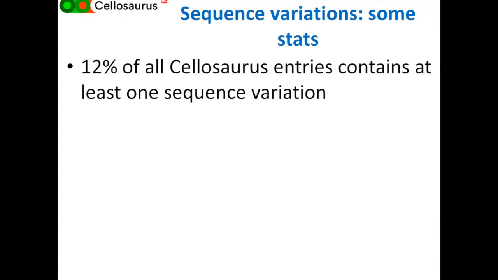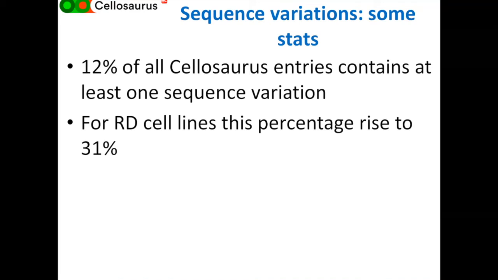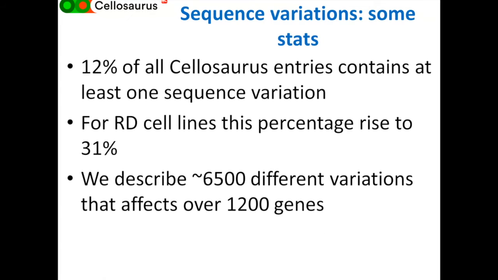12% of all Cellosaurus entries contain at least one sequence variation, but for rare disease cell lines, this percentage rises to 31%. So a third of all the cell lines useful for rare disease studies have an annotated sequence variation.